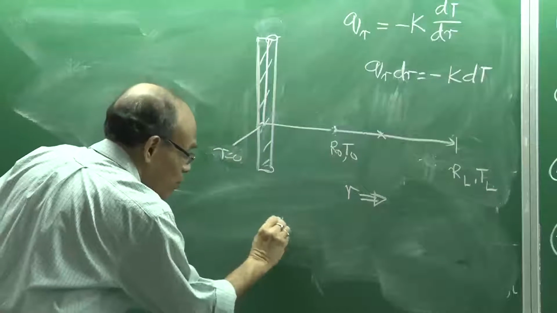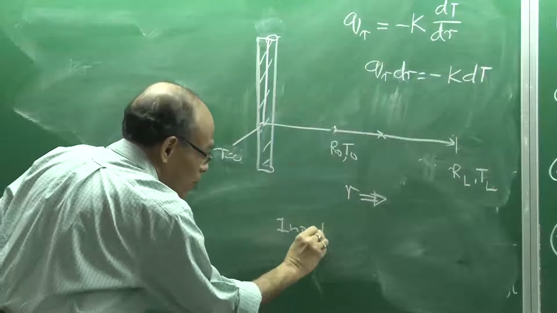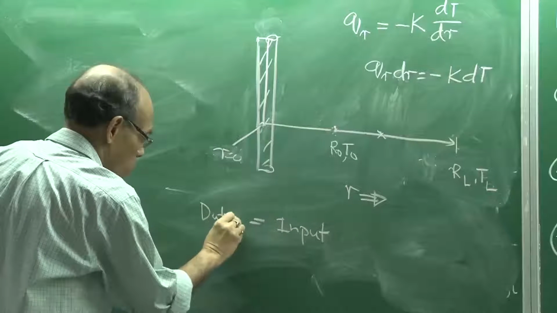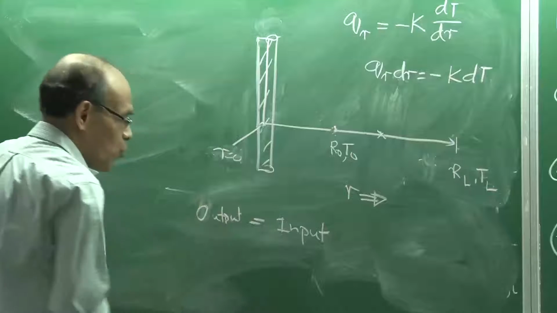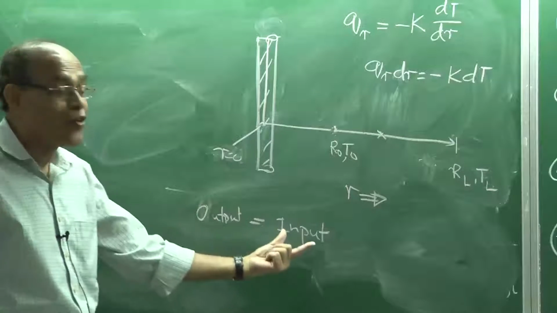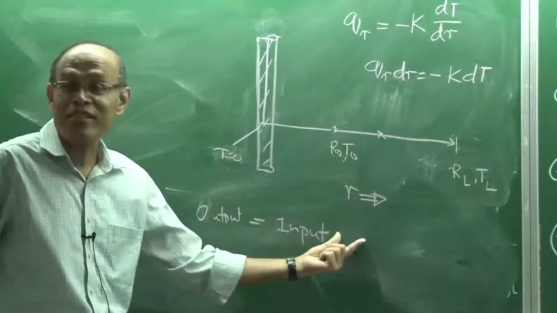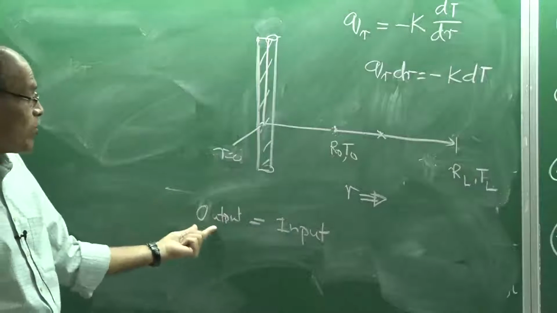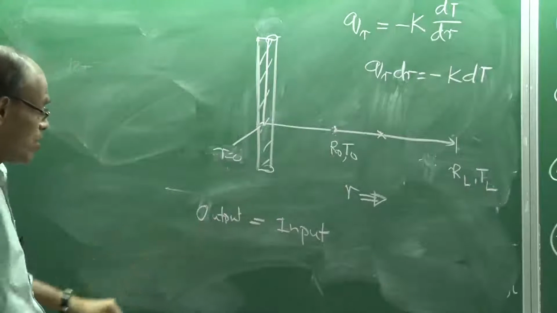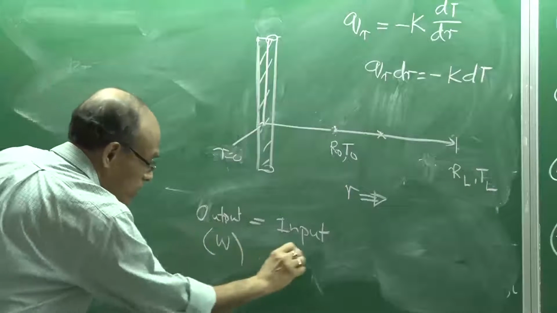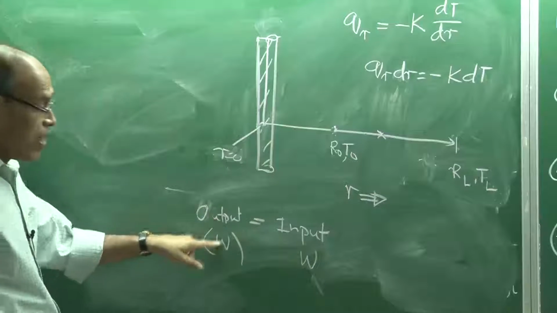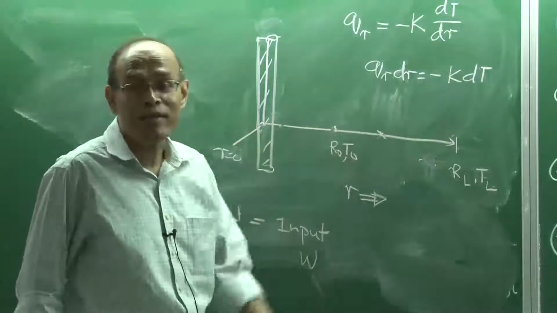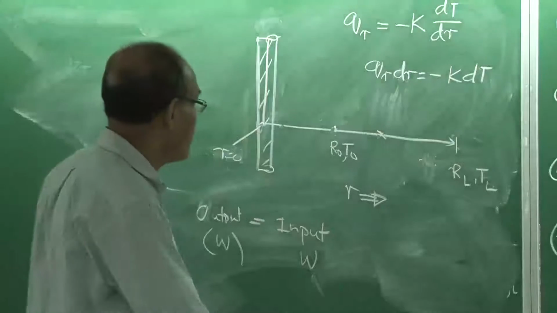The rate of output of heat is going to be equal to the rate of input of heat, because I am not considering any generation, it is a steady state, no accumulation. So that applies, and this is in watt, this is flux into area, and the flux into area evaluated at any point should come out to be equal.